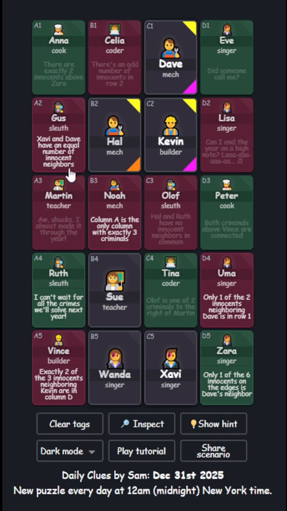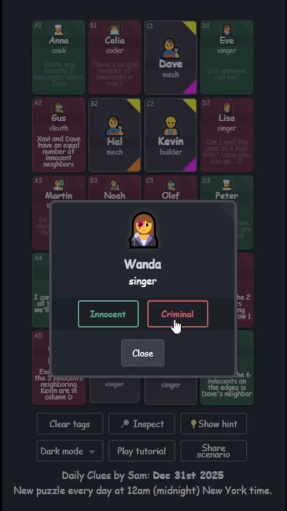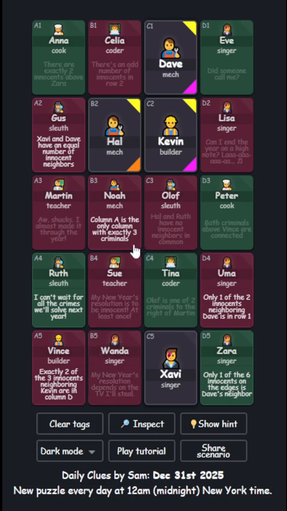Xavi and Dave have an equal number of innocent neighbors. So Xavi's here with 2 to 4, unclear. Dave has 2 innocent neighbors. So that's actually all of the innocent neighbors that Xavi is allowed. So we can turn that off. That's helpful. So 2 of the 3 innocents neighbouring Kevin, turn that off. 6 innocents on the edges.